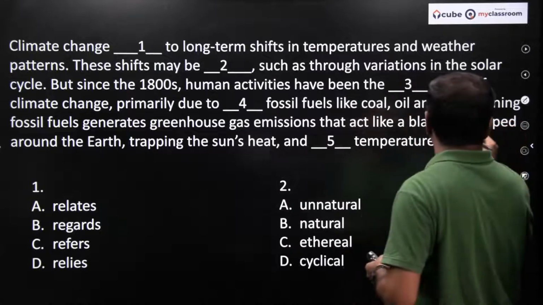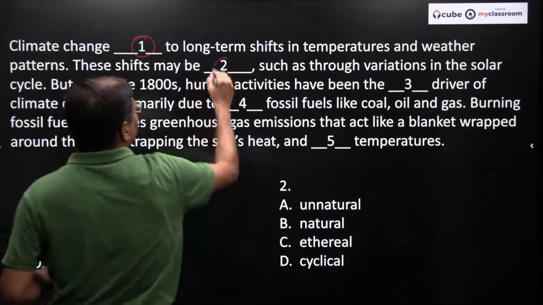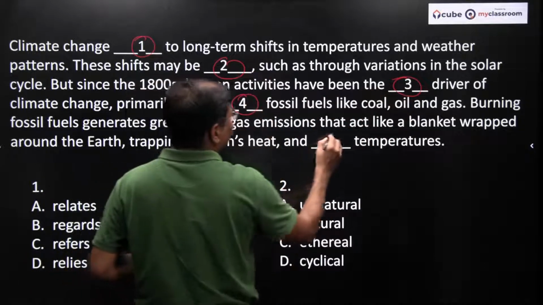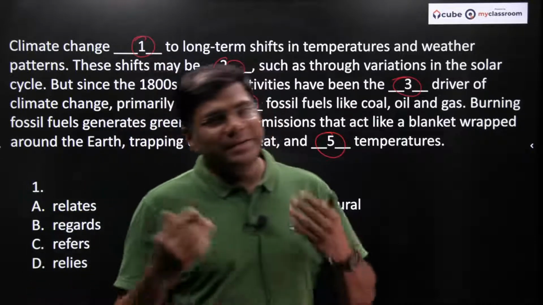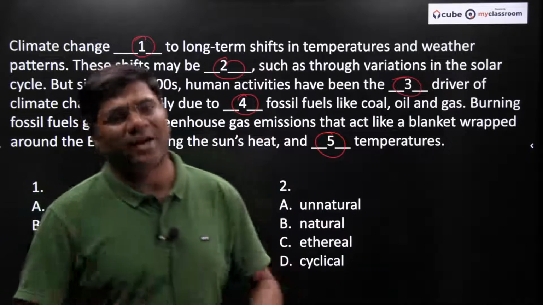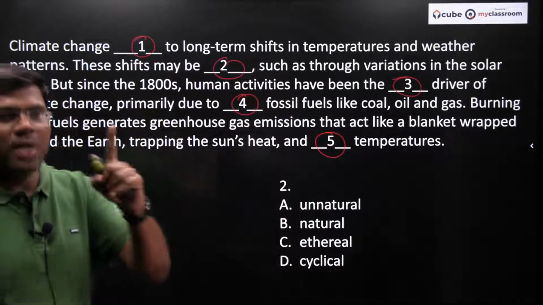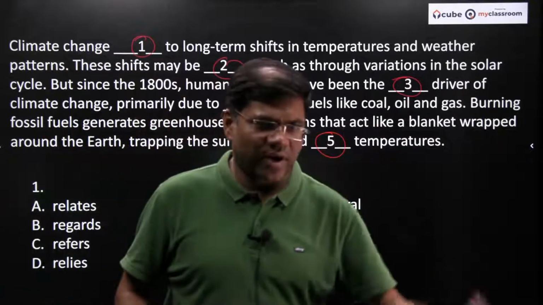So let me use the pen here. Blank number 1, blank number 2, blank number 3, blank number 4 and blank number 5. So these are 5 blanks. I have kept 5 blanks, but in the exam you might have more than 5 blanks as well. And each blank is likely to carry 1 mark if it's a normal exam. In CUET it might have a negative marking, right?